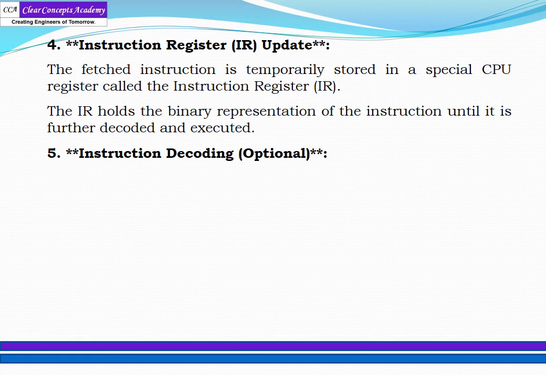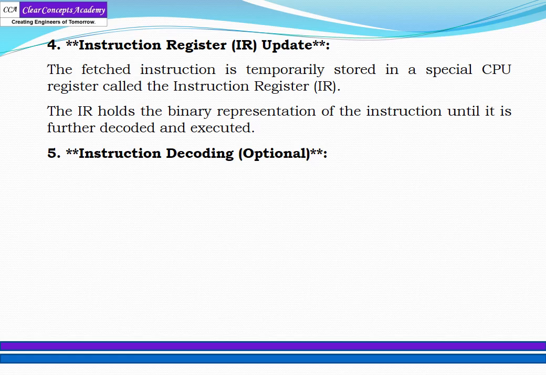The IR holds the binary representation of the instruction until it is further decoded and executed. Binary means a combination of 0 and 1. As we have seen, the computer doesn't understand anything other than the binary state.